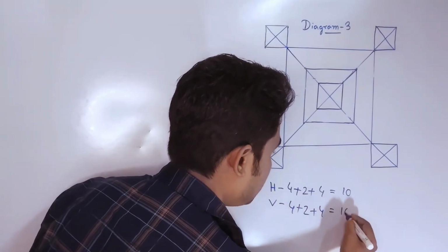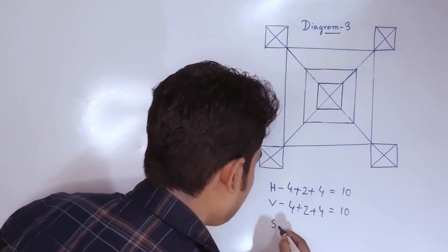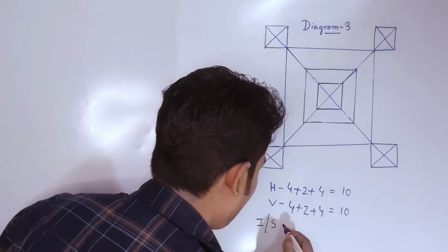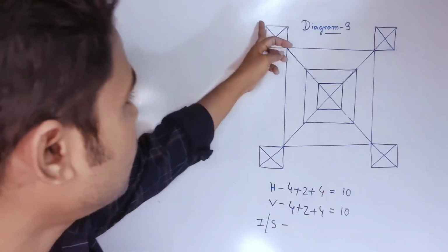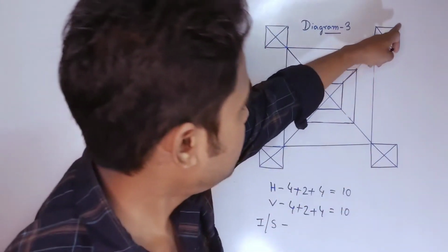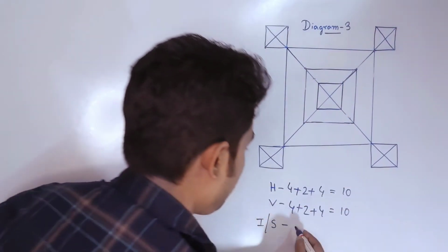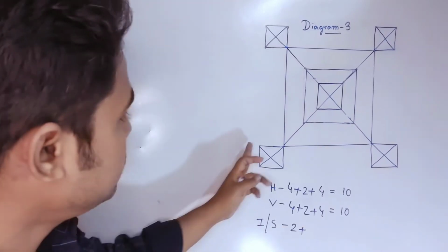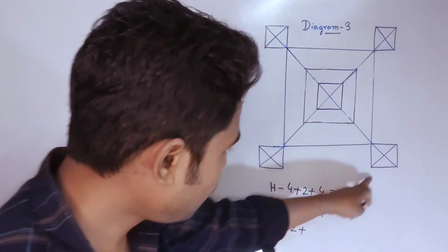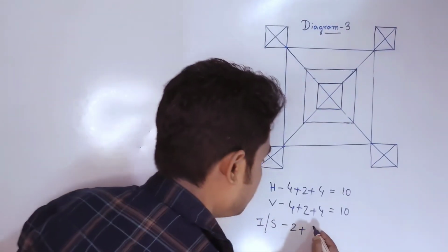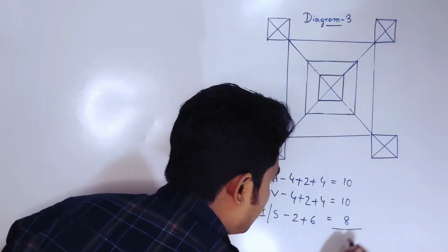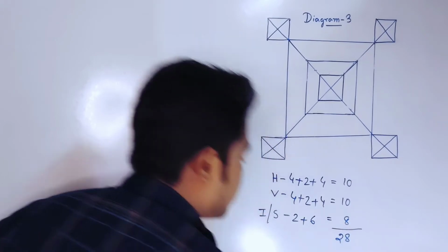So in total there are 10. Now inclined or slant lines. Inclined lines, how many? 1, 2, then 3, 4, 5 and 6. This is 8. So in total there are 28 straight lines. Understood?